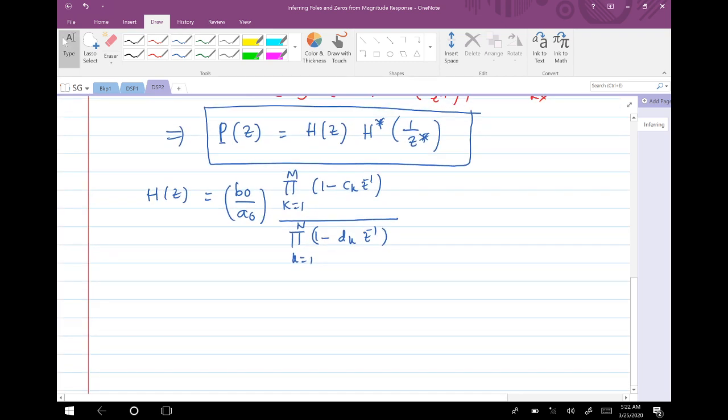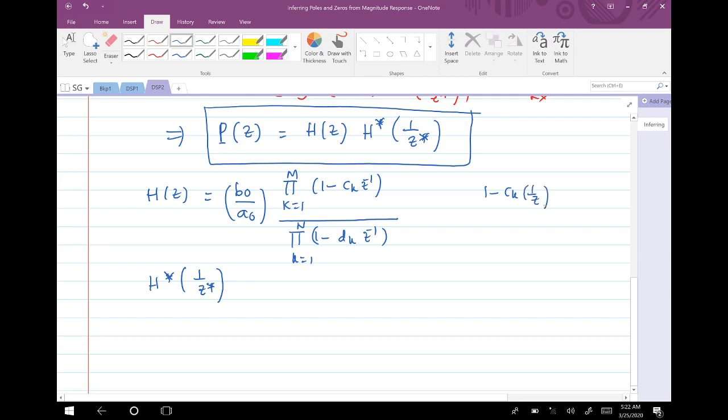Now let's write the expression for H conjugate of 1 by z conjugate. It's very easy. For example, you take one term here, 1 minus ck z to the power minus 1, which is 1 by z.